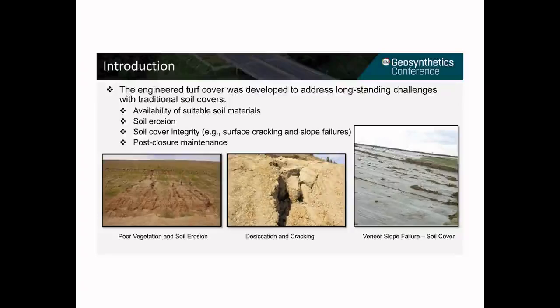And last, post-closure maintenance, including mowing, revegetation, erosion repairs, which can be a never-ending burden on landfill owners. Here are some examples of poor vegetation and soil erosion, desiccation and cracking, and veneer slope failure of soil cover. As you can see, all the challenges with soil covers are related to the soil layers.